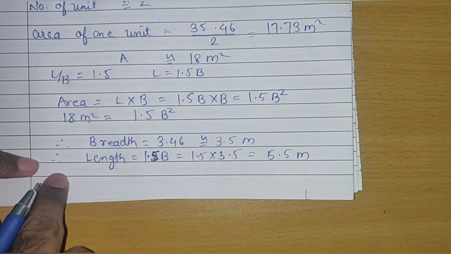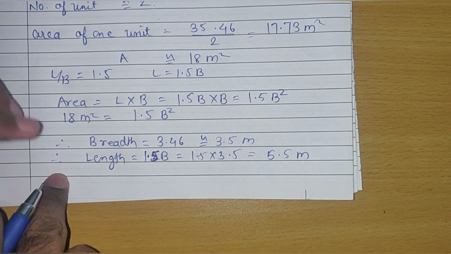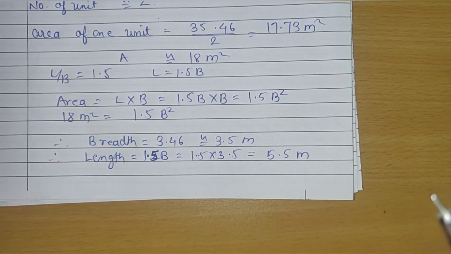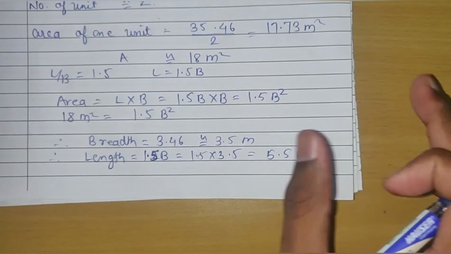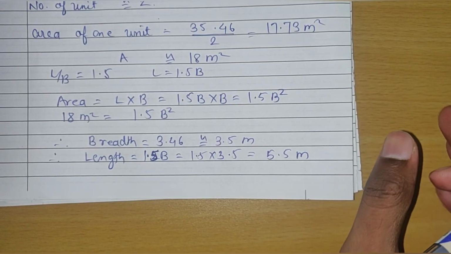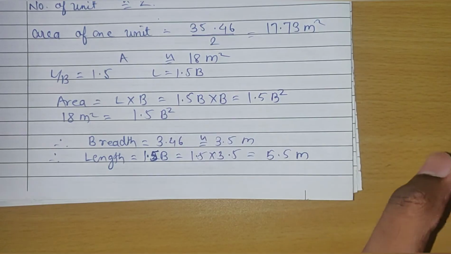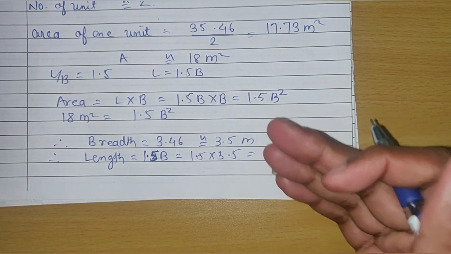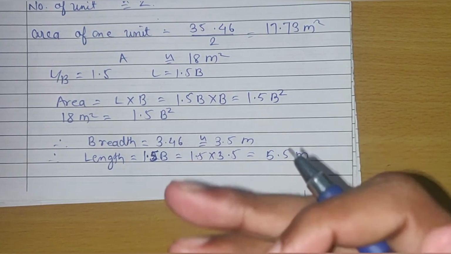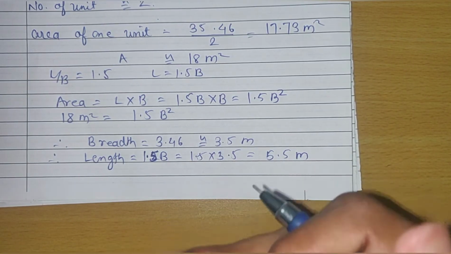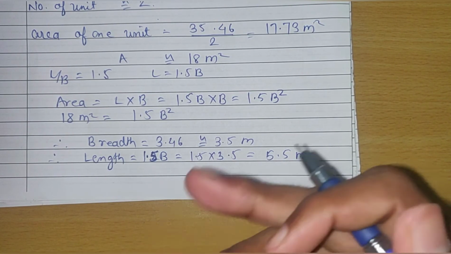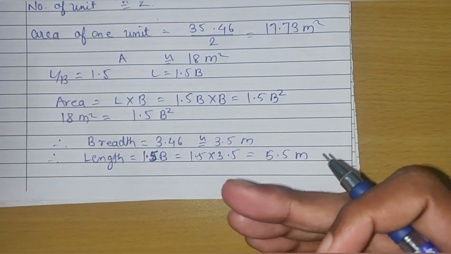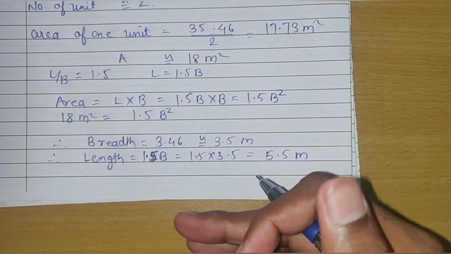Here we don't need to assume the depth, because the depth depends upon the media depth. Suppose the depth of sand should be between 0.45 to 0.9 or 0.6 to 0.9, then depth of gravel. So after assuming the depth of sand, depth of gravel, and water head, the total depth of the rapid sand filter is calculated.